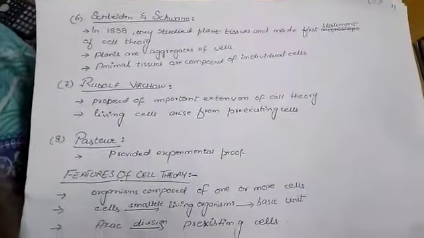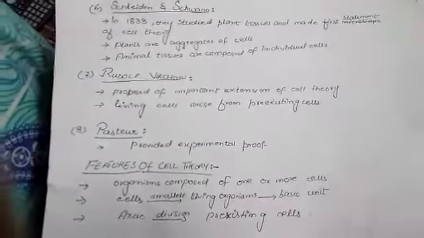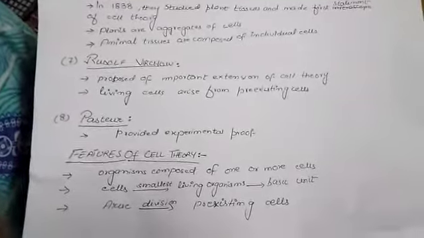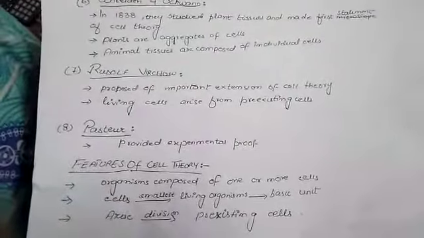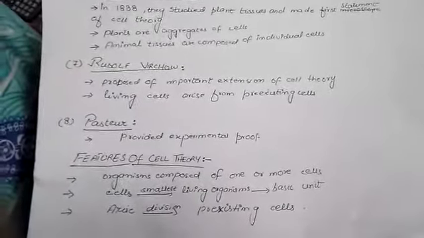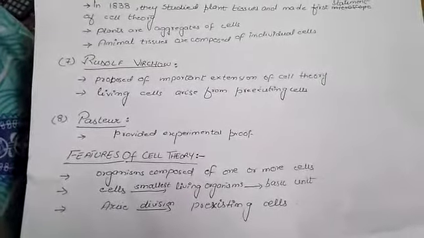Then we have Schleiden and Schwann. In 1838, a German botanist, Schleiden, studied plant tissues and made the first statement of cell theory. He stated that all plants are aggregates of individual cells.